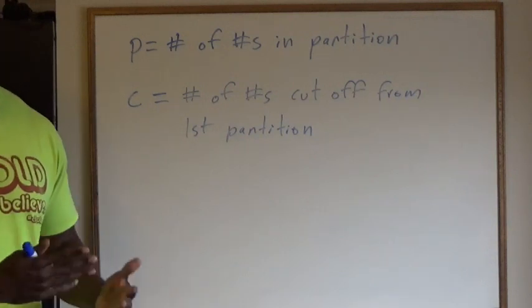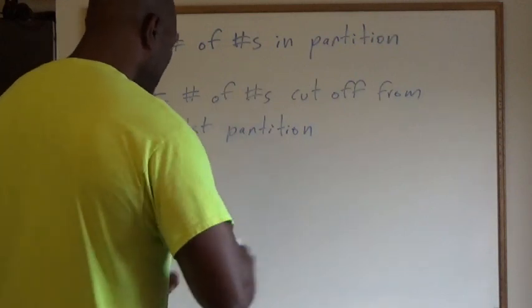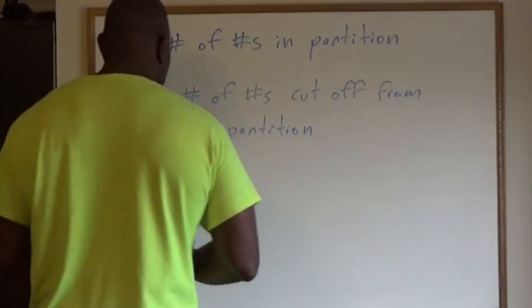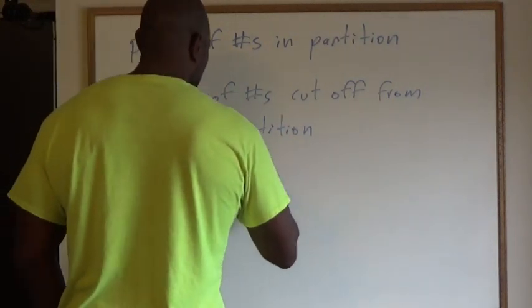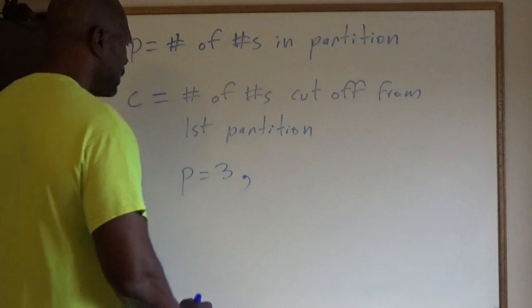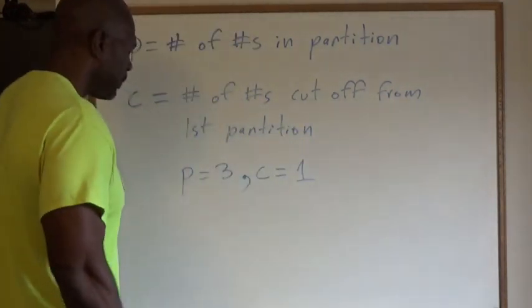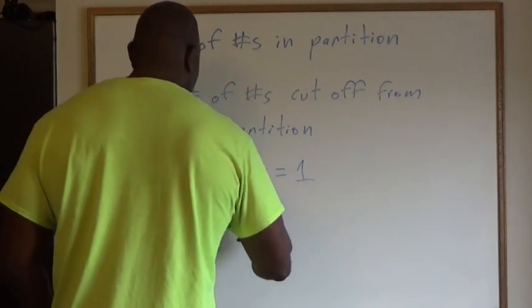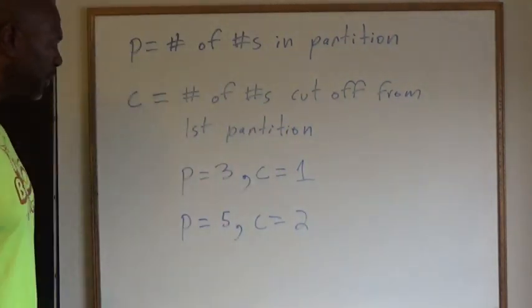So there's an interesting relationship between P and C. Let's look at it. Based off the partitions we just did, when P was 3, the number of numbers we cut off was 1. When P was 5, the number of numbers we cut off from the first partition was 2.